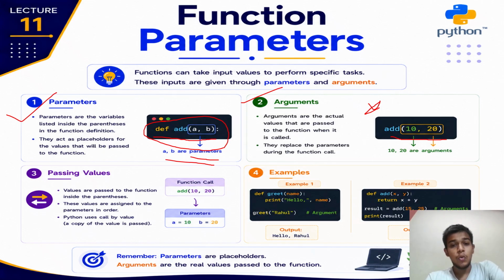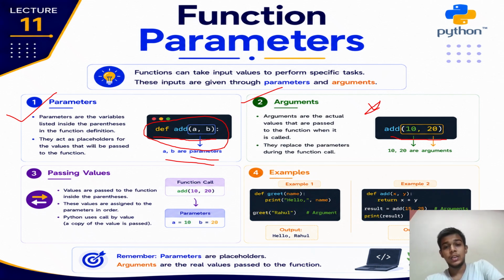Now let's see how values are passed. When we write add and in parenthesis 10, 20, it takes the first value 10 and stores it inside parameter a. After that, it takes value 20 and stores it inside parameter b.